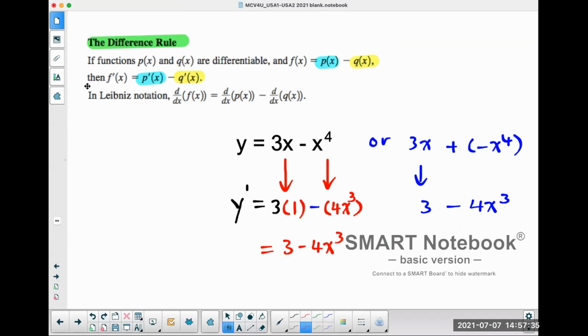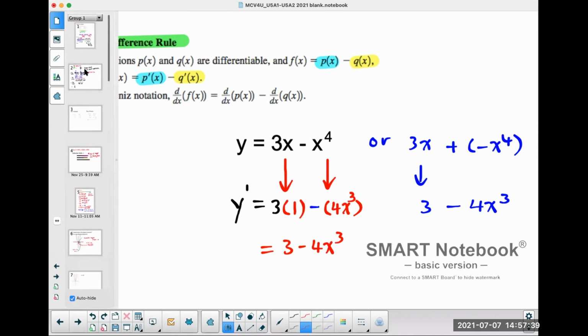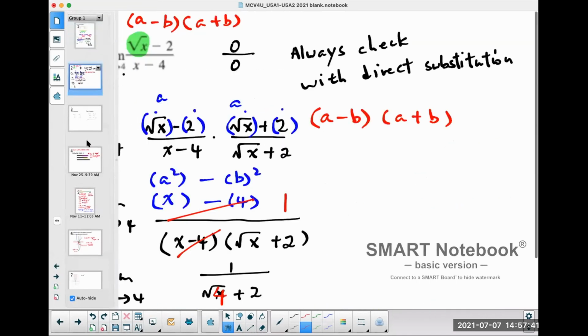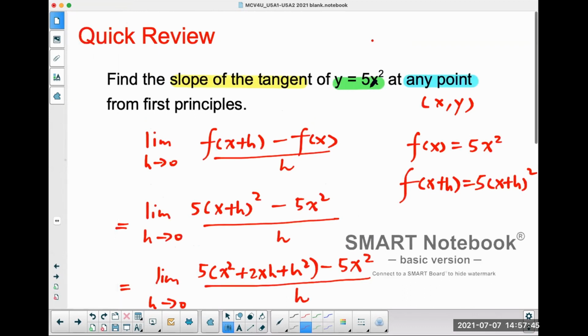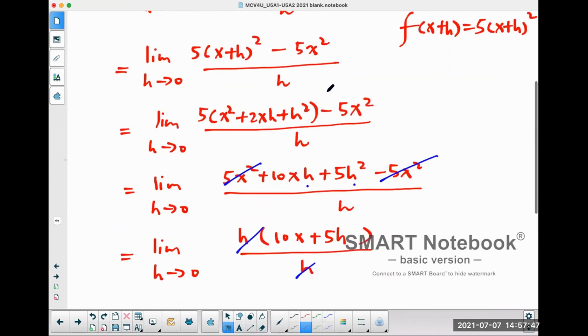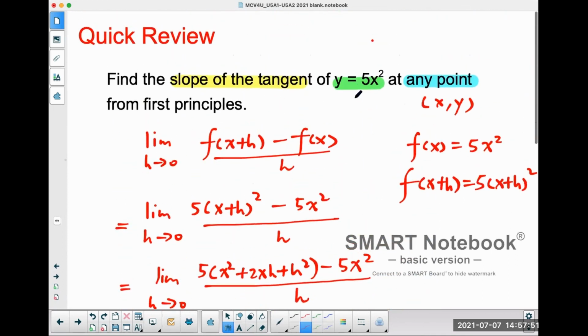Right? Now, if I go back to what I did on the first slide here, remember this guy, 5x squared? And we did long, first principles, and we got down to the answer. Now, if you're going to apply power rule, what would the answer be?